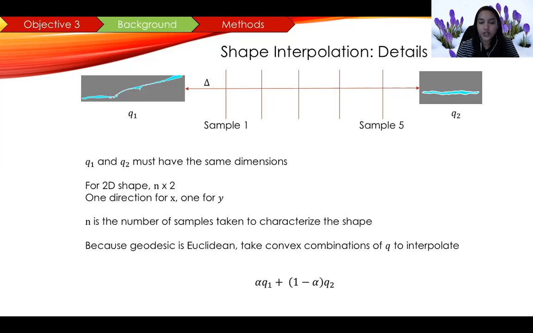The representations Q1 and Q2 of the two shapes need to have the same dimensions. For a 2D shape, the size of Q is n cross 2, where n is the number of samples taken to characterize the vessel boundary. Because the path taken between two SRVF defined shapes is Euclidean, I take convex combinations of the two Q matrices in order to interpolate.